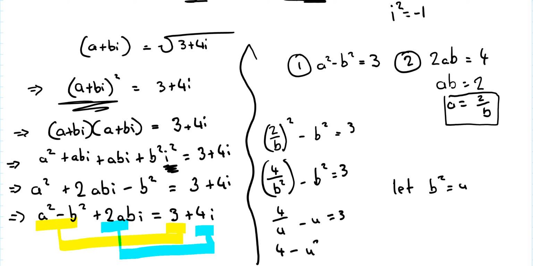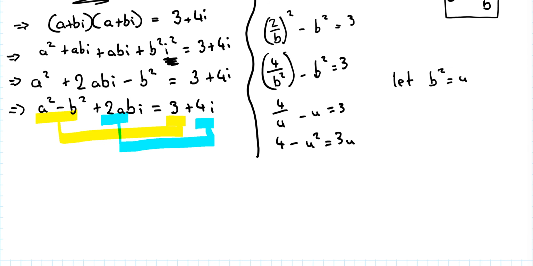That's 4 minus u squared is equal to 3u. Okay, we've got a quadratic out of this. It's u squared plus 3u minus 4 is equal to 0.